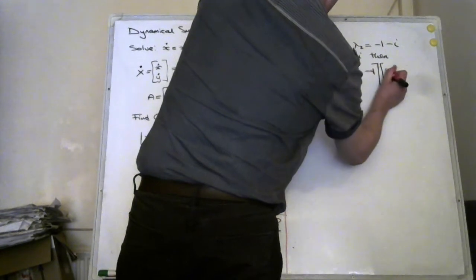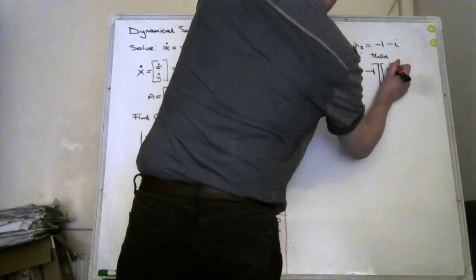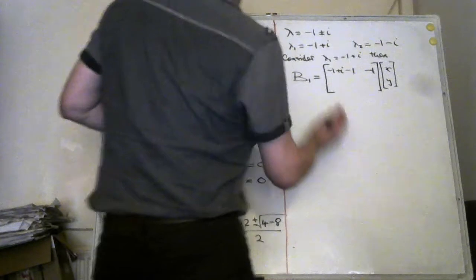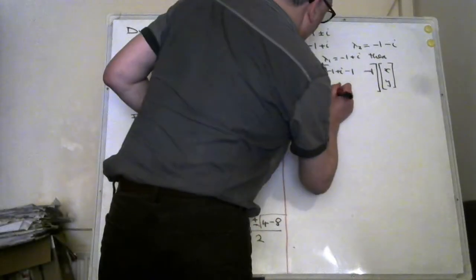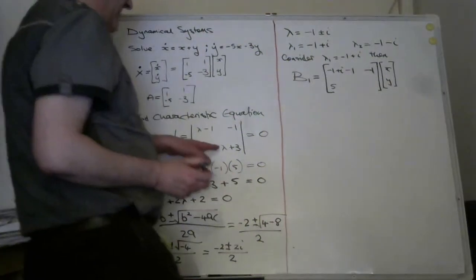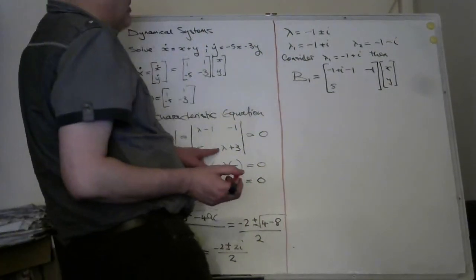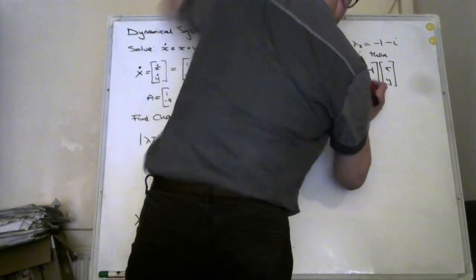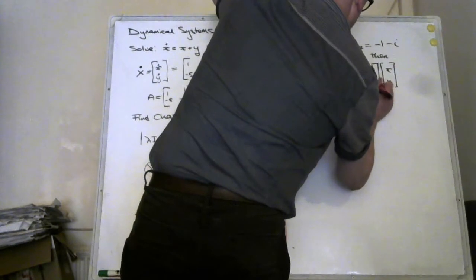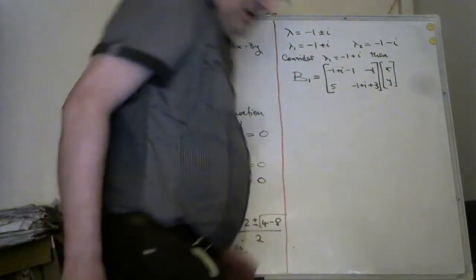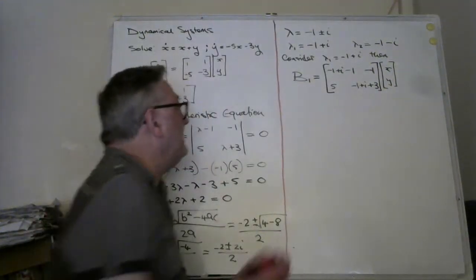We want the x and y vector in. So this 5 stays the same. And of course we've got minus 1 plus i plus 3. So minus 1 plus i plus 3. So we just tidy that matrix up a little.